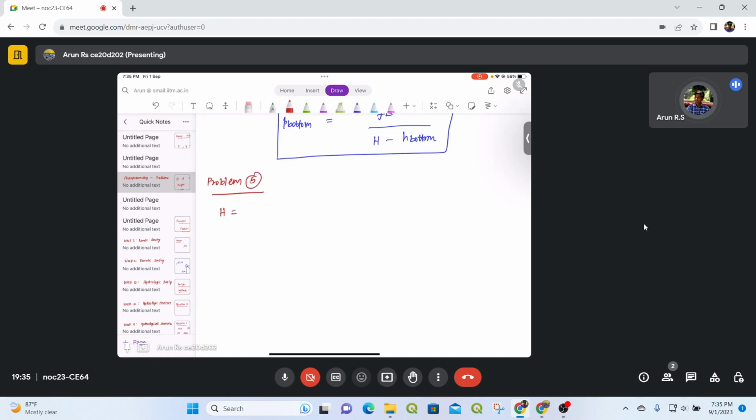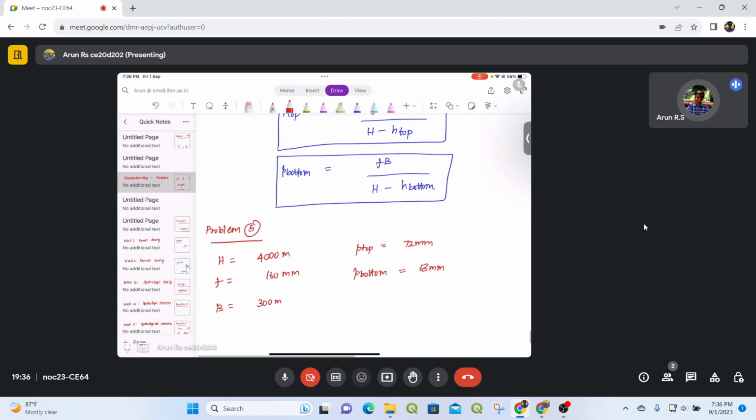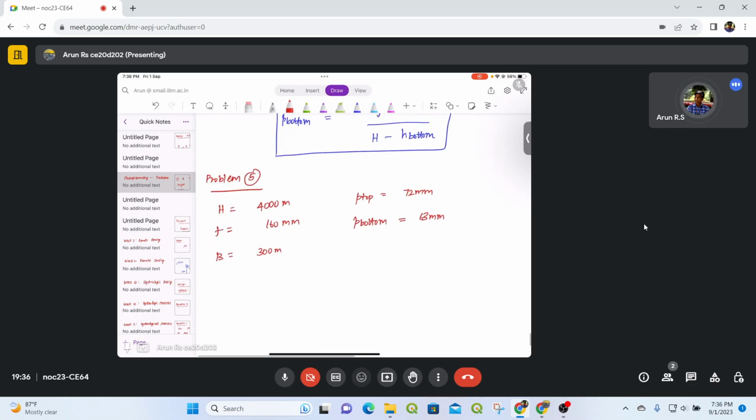Your capital H is given as 4000 meters, the focal length is given as 160 mm, and the length of the airbase is given as 300 meters. P top is 72 mm, P bottom is 63 mm. So you just need to substitute and find H top and H bottom, subtract both, and you will get the height of the tower.